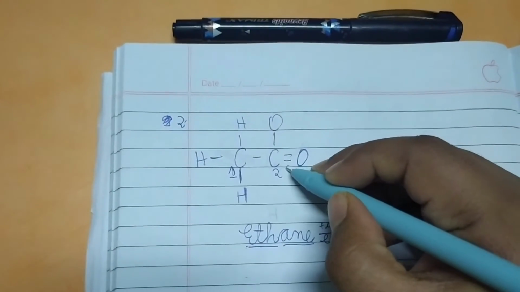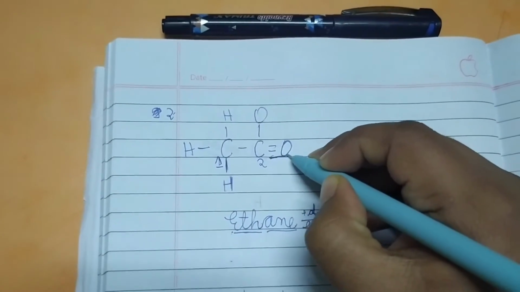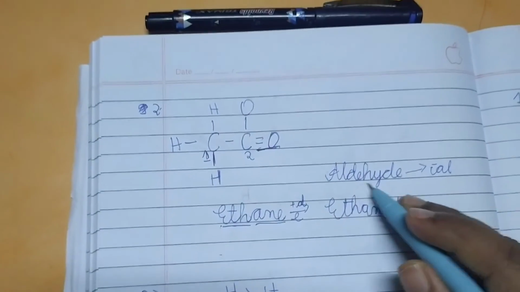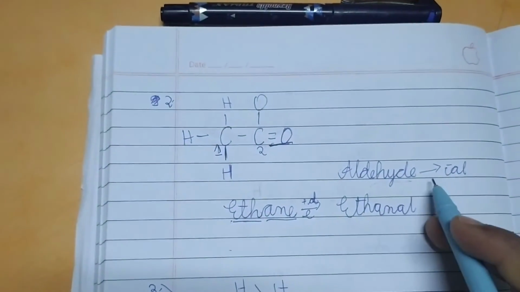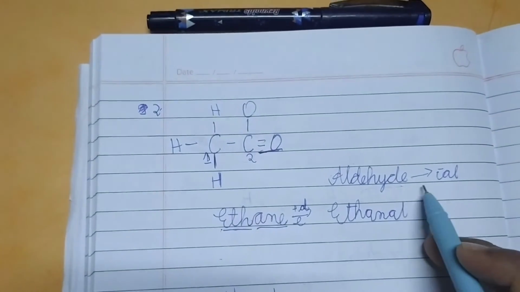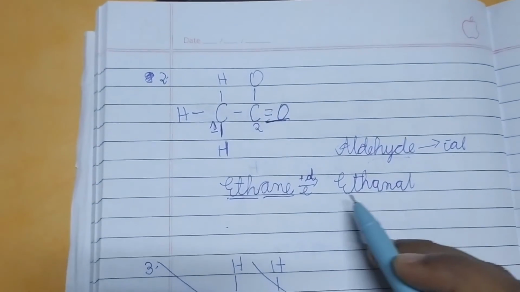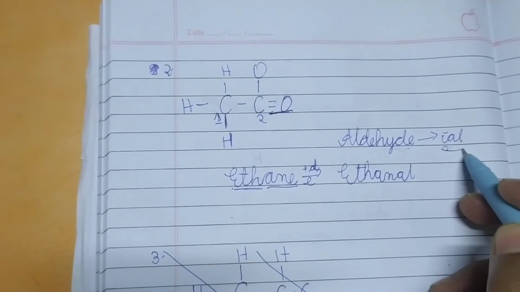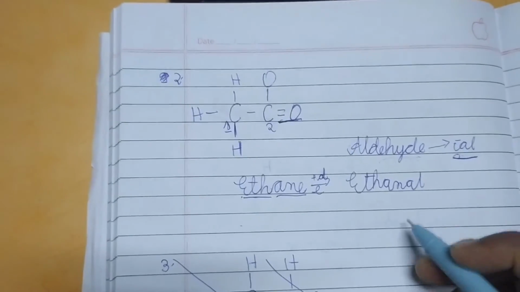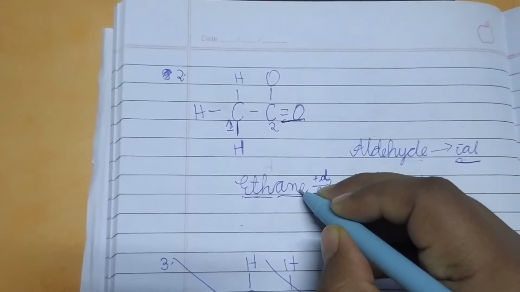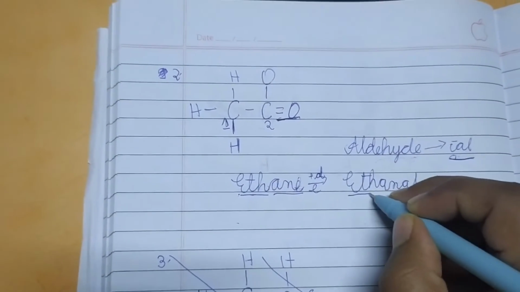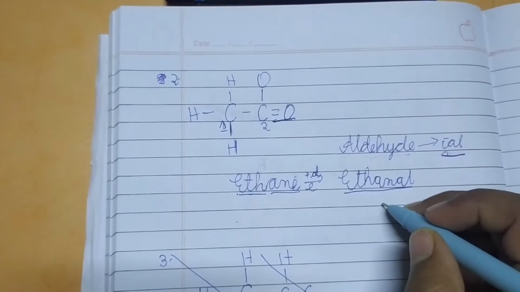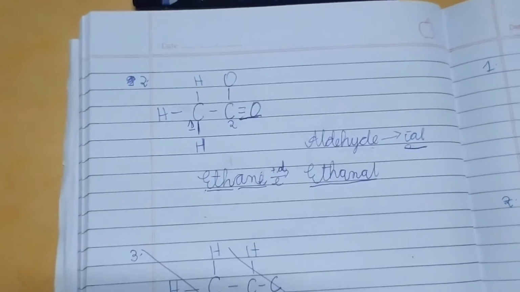I am not counting this carbon because it is part of our functional group, which is aldehyde. When we get aldehyde as a functional group, we had discussed earlier that we put al as our secondary suffix. So here also we remove e, add al as our secondary suffix, and the final IUPAC name for this compound is ethanal.